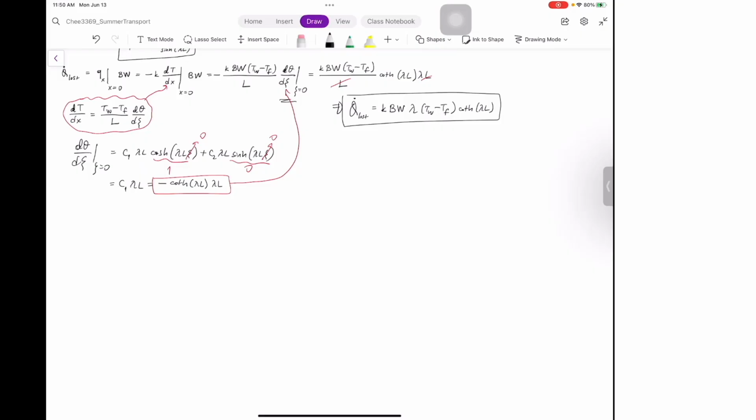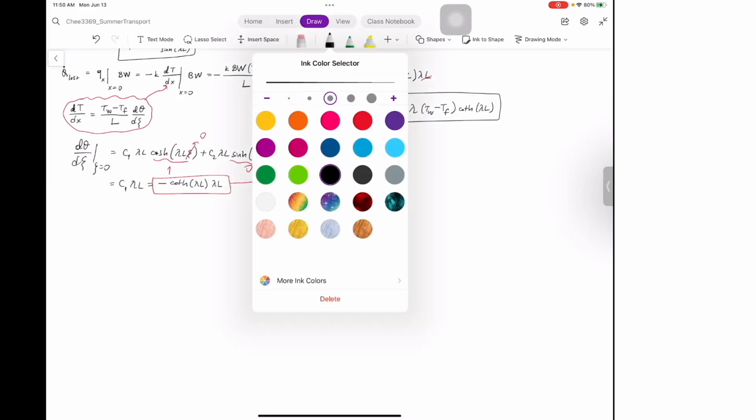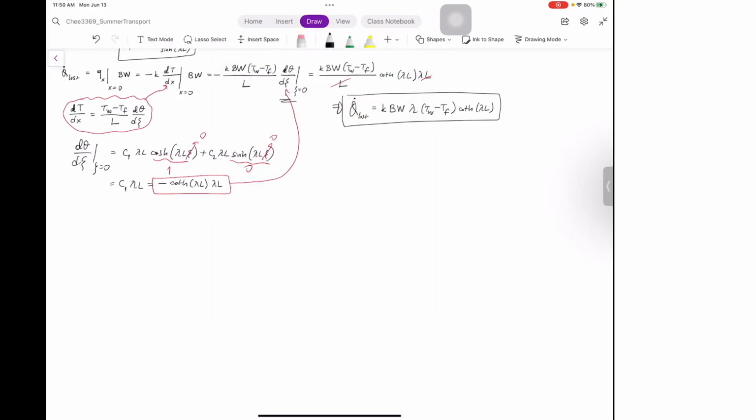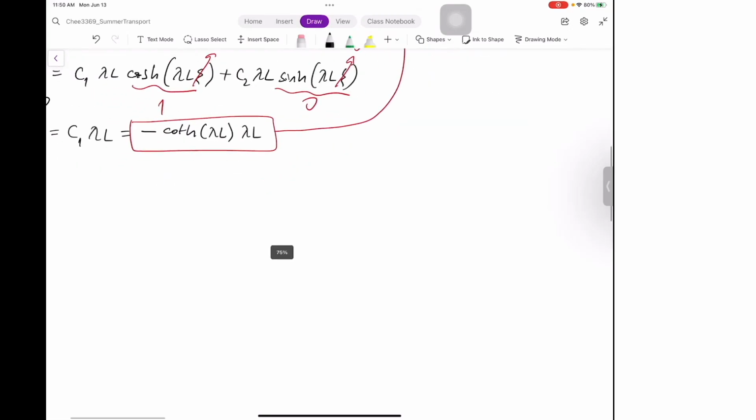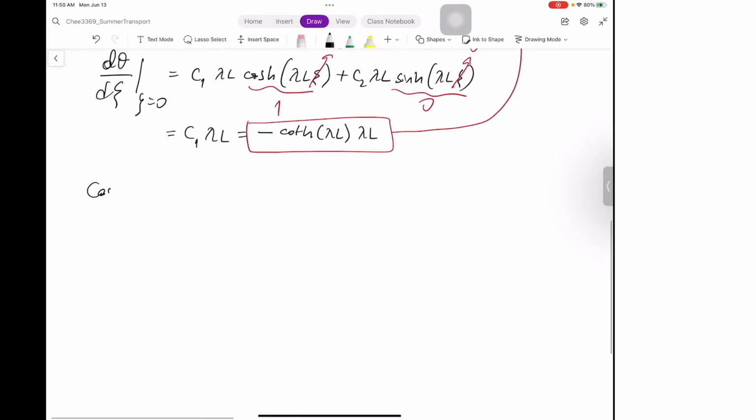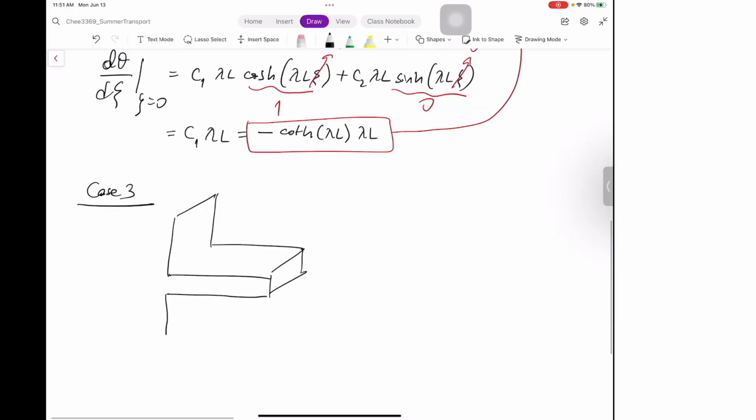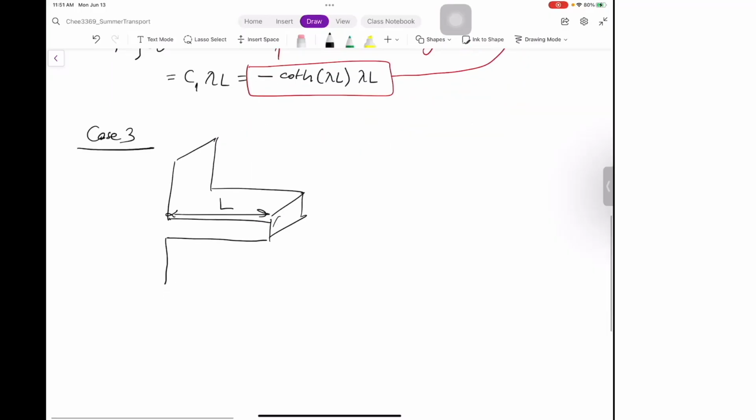Great question, Sifat. So yeah, you can call it case 3, right? And you can have the following condition. You can have a finite, not very long L. And this is not insulated this time, but there is heat transfer, right?